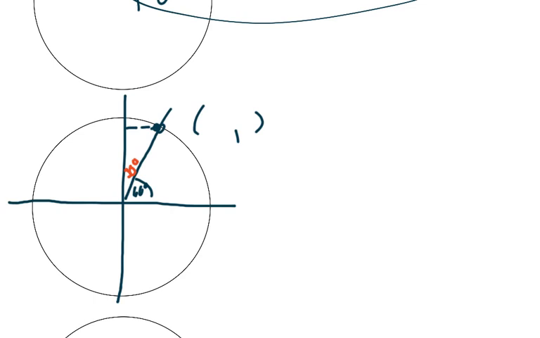If this inside of my triangle is 30, then this angle has to be 60. And I'm going to draw another triangle over here to mirror it, such that this is also 30 degrees, and this will be 60 degrees.